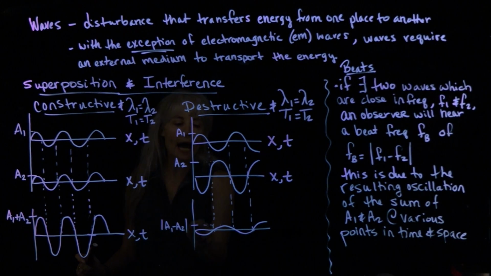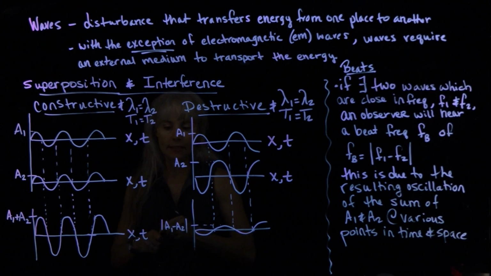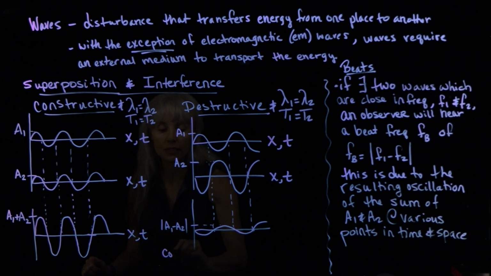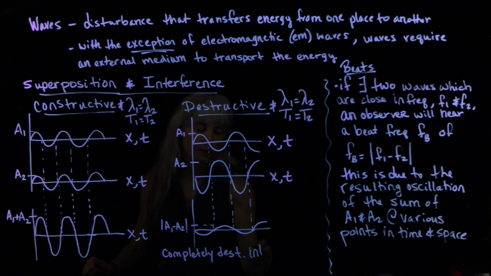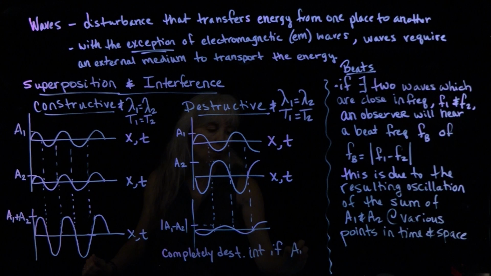You would see nothing in this space and time, or completely destructive interference, if A1 is equal to A2.